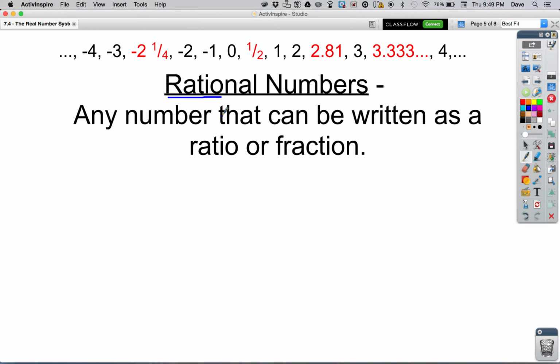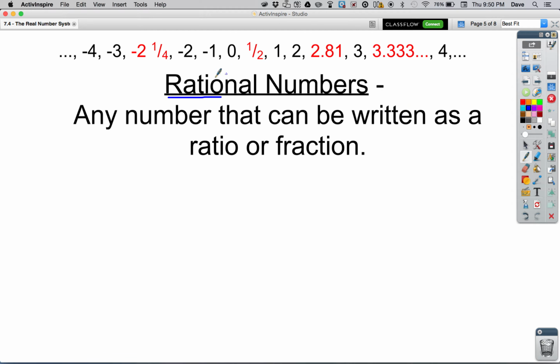Any number that can be written as a ratio or a fraction is considered a rational number. For example, 1/2 is a fraction, so it's definitely a rational number. 3.3 repeating, even though it's written as a decimal, can be converted into 3 1/3, so it can be written as a fraction. Even the numbers we already used, like 2, can be written as a fraction. We don't normally do it, but 2 can be 2 over 1. And so this became the rational number system.